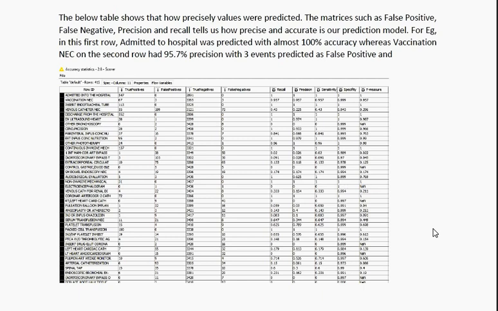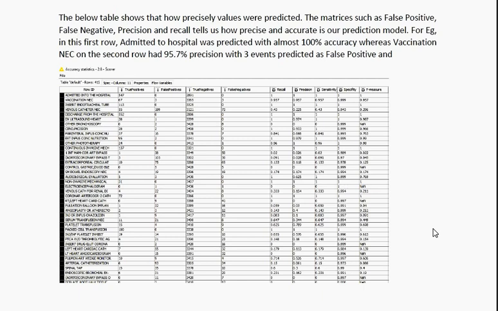In the first row, it predicted everything accurately, and it had 100% precision, 100% recall, 100% for F-measure, specificity and sensitivity. But if you come down and see around the fourth row, something went wrong there, and it was only 22%.